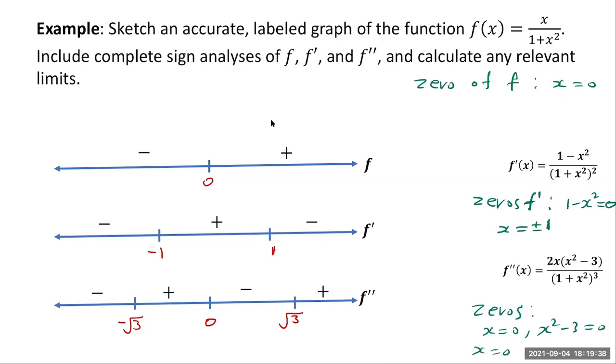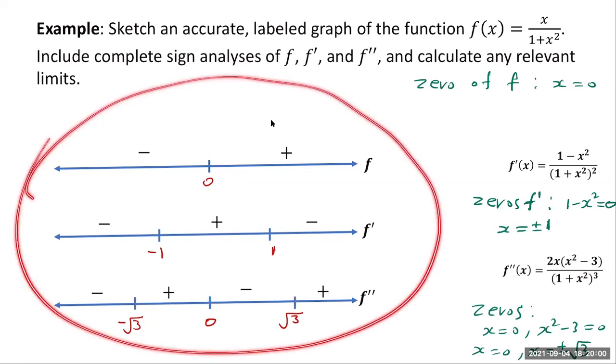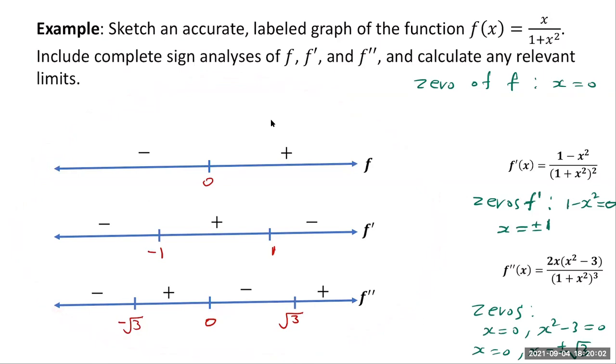If you move this 3 to the other side and take the square root, you get x is equal to plus or minus square root of 3. So I have three zeros for f double prime: minus square root of 3, 0, square root of 3. That means I have the sign chart for my function f.